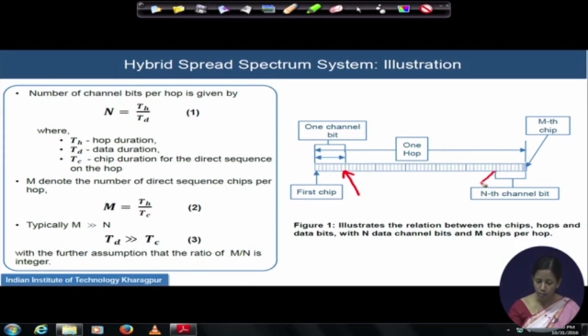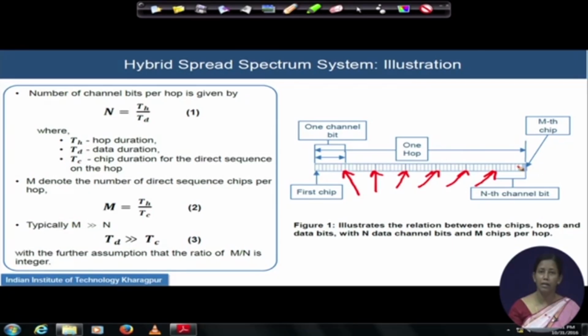Here is the first bit, the second bit, third, fourth, fifth and sixth. So, I have around 6 channel bits to transmit, and inside every channel bit, you see, they are getting spread by virtue of direct sequence spread spectrum by PN sequence code number 1.